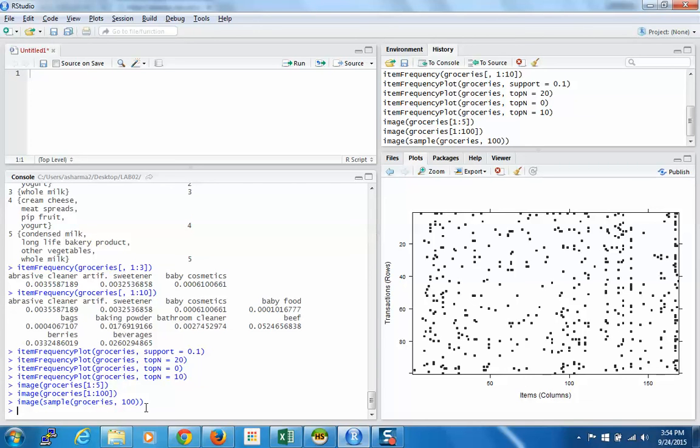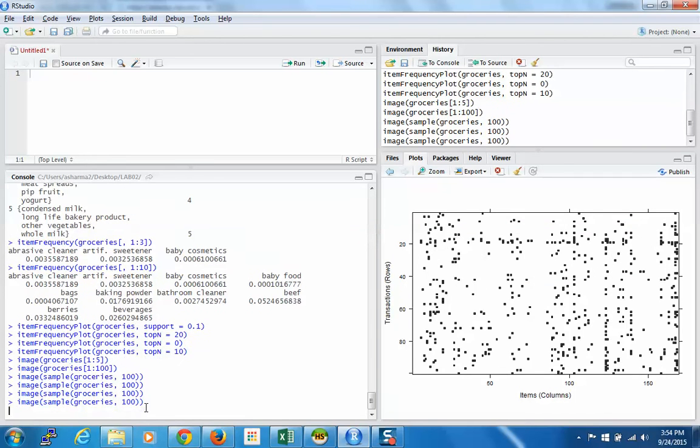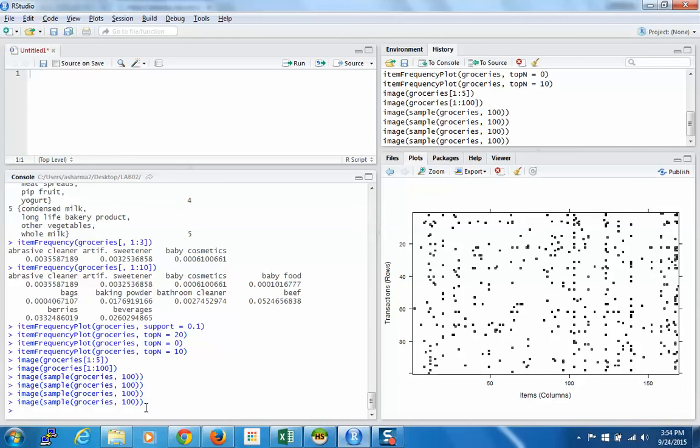And you can see how the picture looks. Again, the picture is going to be slightly different, because every time you run it, it's drawing a sample out of the groceries transaction data set.